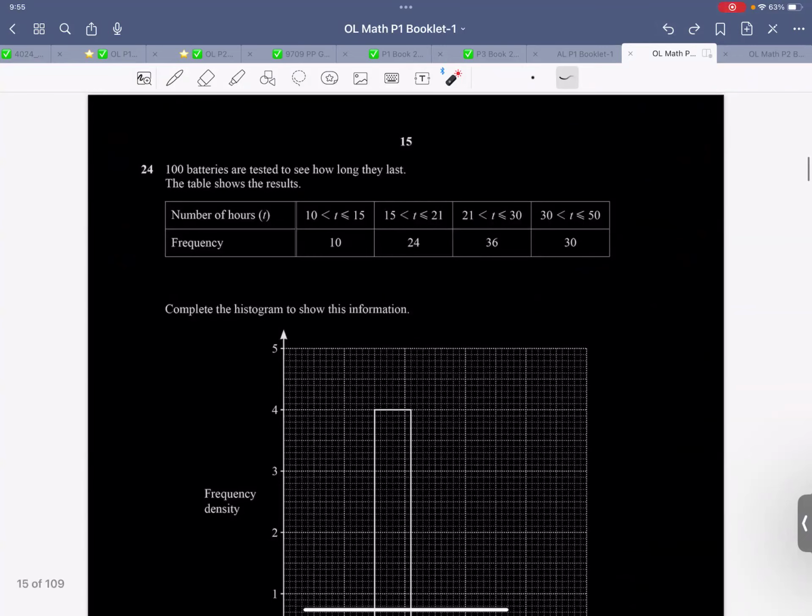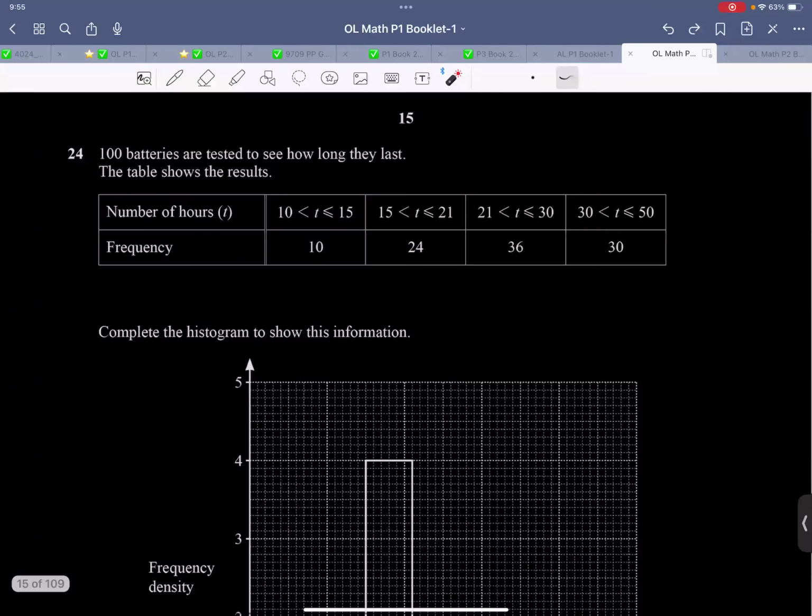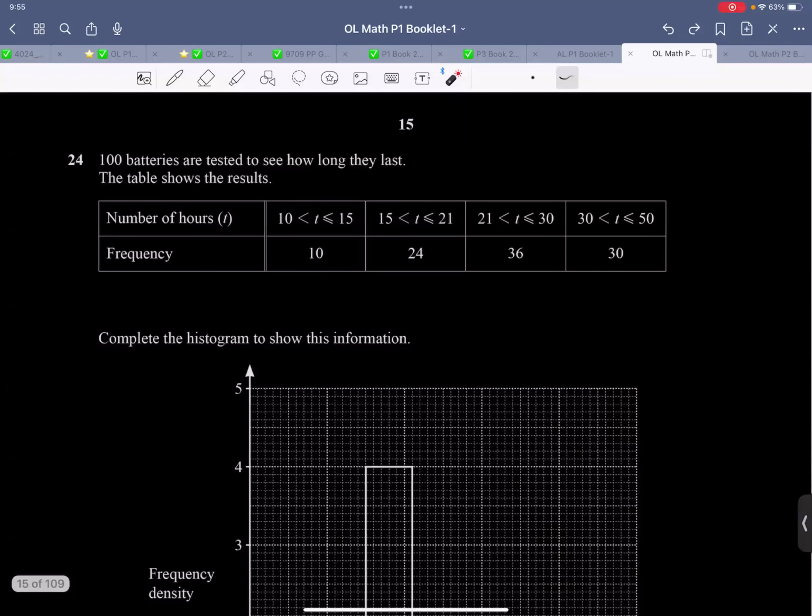Now, question number 24. 100 batteries are tested to see how long they last. The table shows the result. The number of hours, 10 till 15, 15 till 21, 21 till 30, 30 till 50, that is unequal class width. So without further ado, let me write the class width, because I'll be using frequency density.